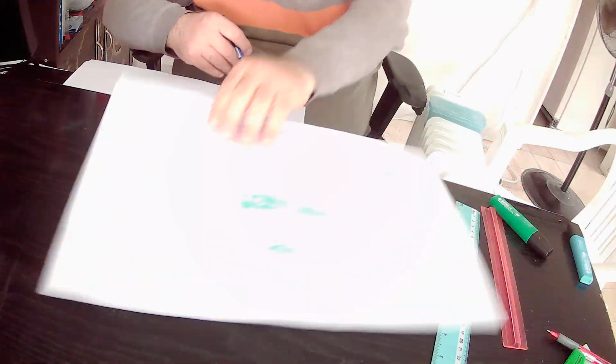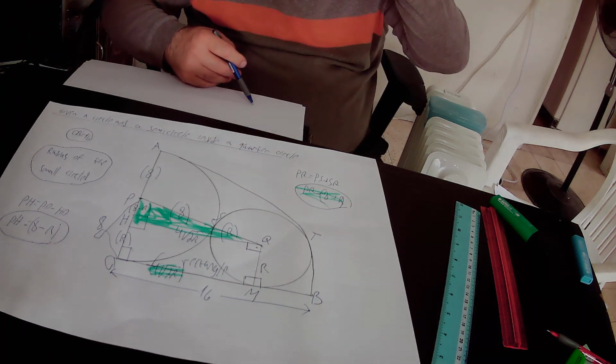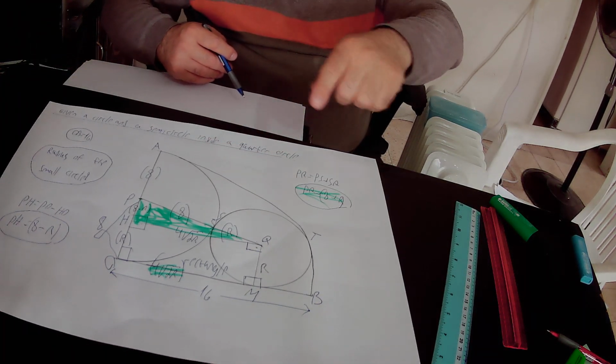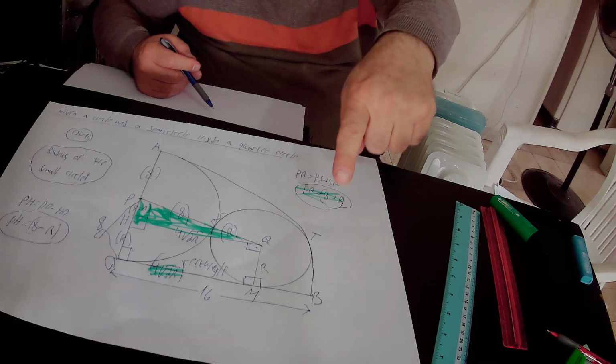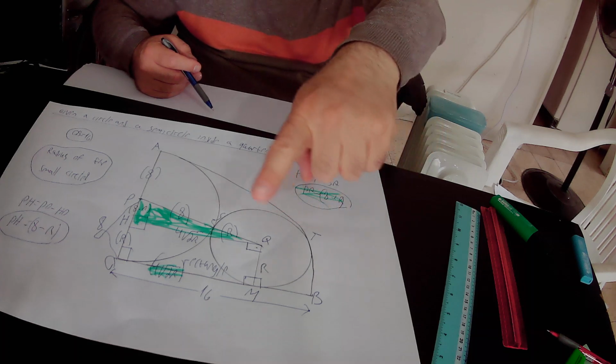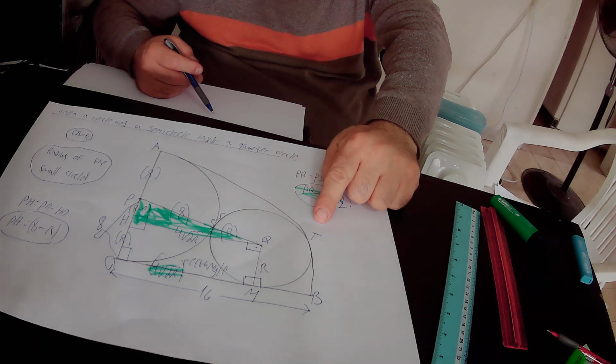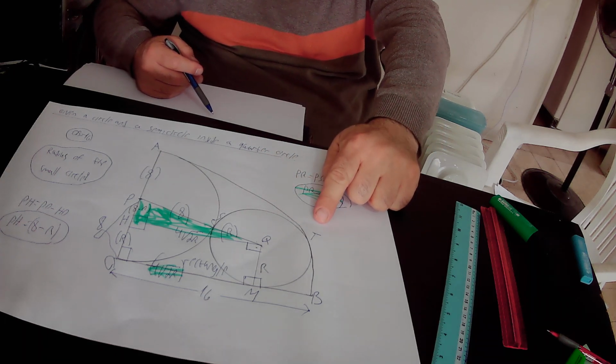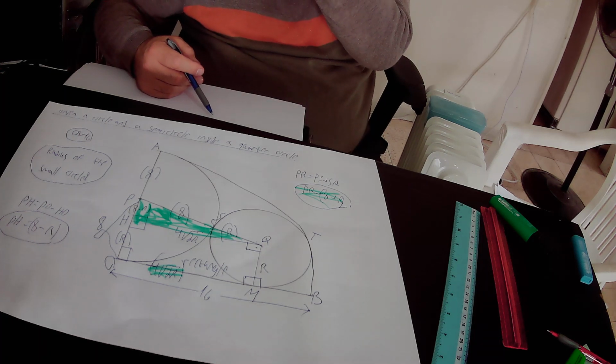Why? Because in our drawing, as I mentioned before, the small circle touches this big quarter circle internally at point T, and therefore I can implement rule 9.